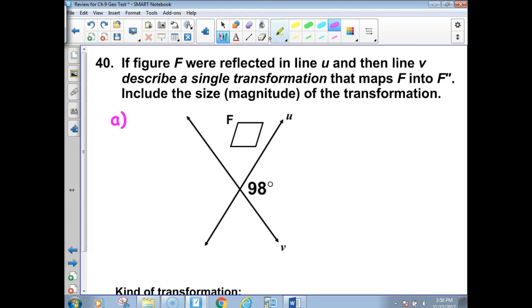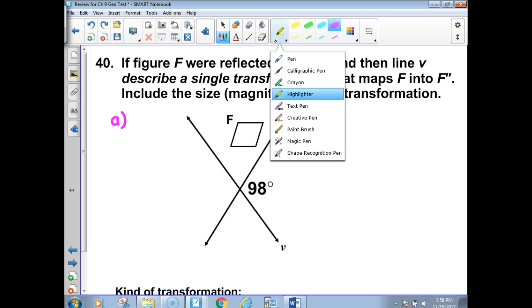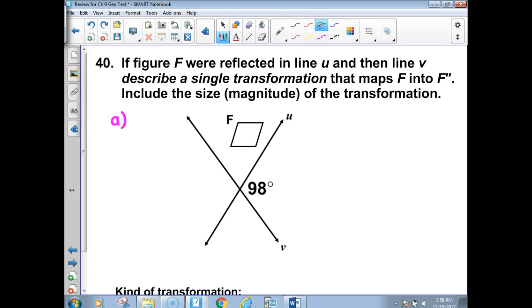Now, you're going to reflect this figure over both line U and V. What you pay attention to is the angle between the lines you're going over. If you take this figure and flap it over this line, and then flap it over that line, you're going to create a rotation. It will be twice the angle between the lines.